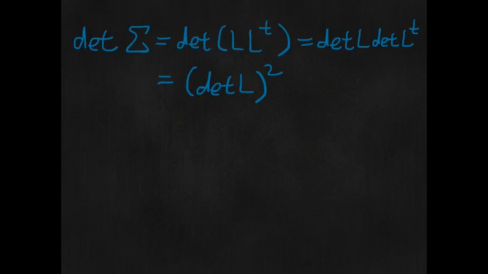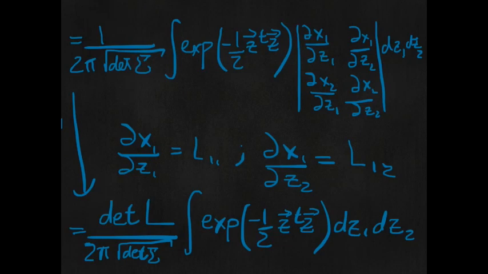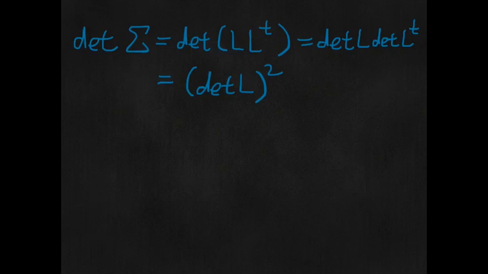So if we now look back at our integral, we notice that this determinant L here exactly cancels out the square root of the determinant of sigma here. So the integral now, which we want to be equal to some probability p, say 0.68, is equal to 1 over the square root of 2 pi.